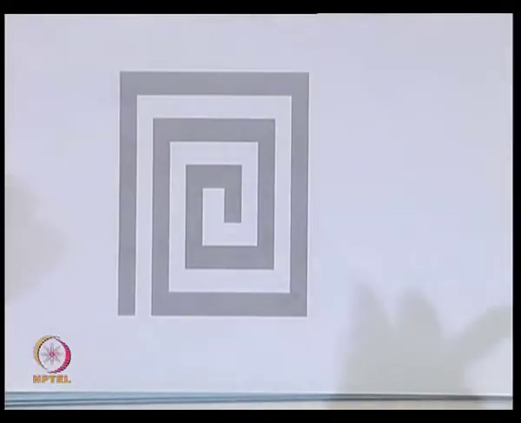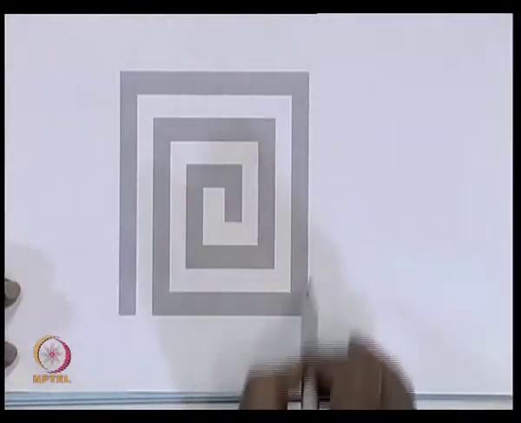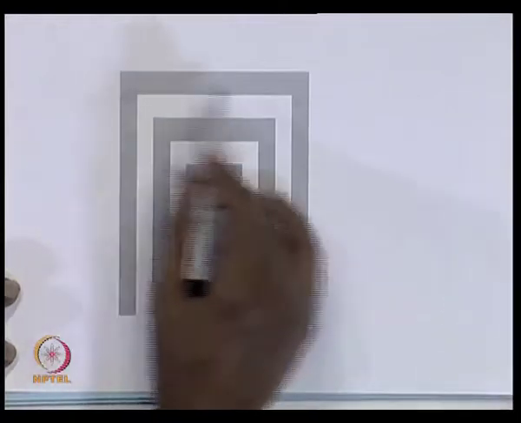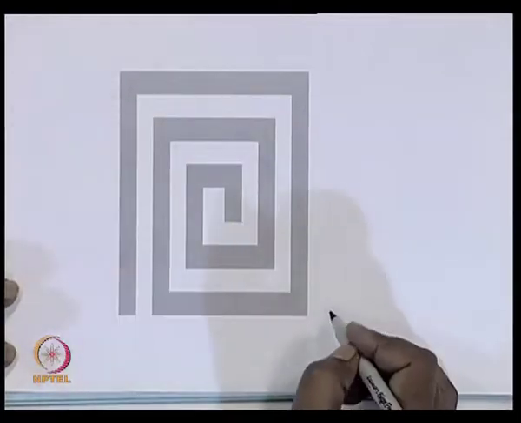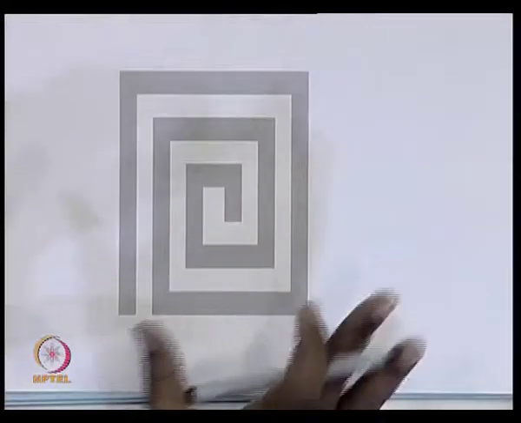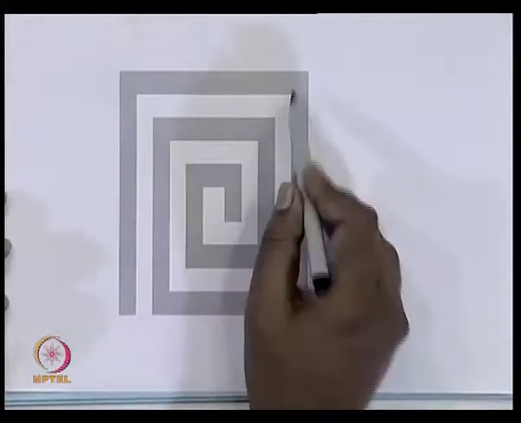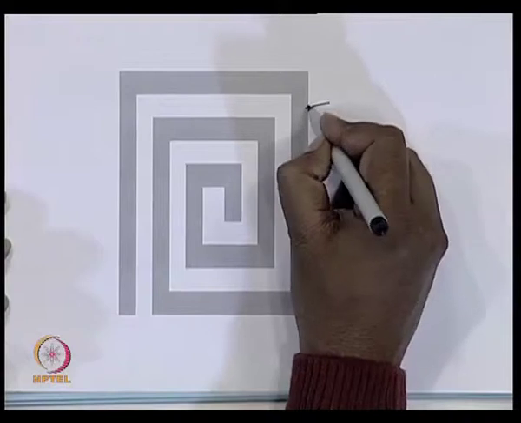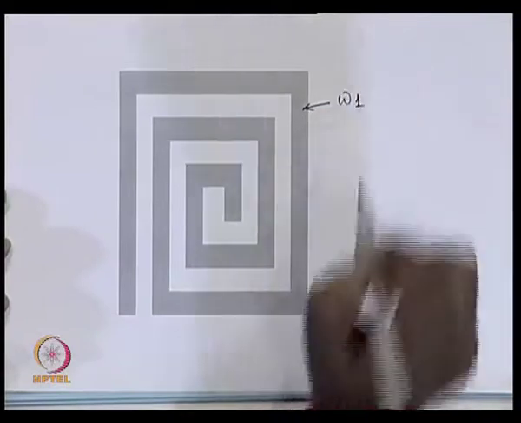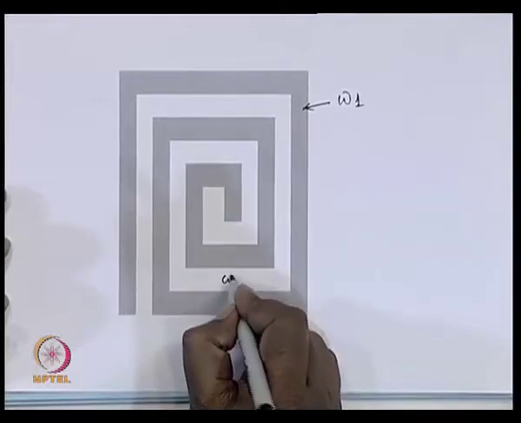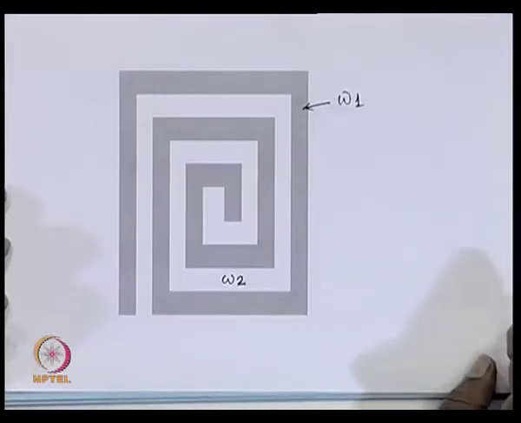It is a spiral shaped object, and suppose this is the distribution of two dimensional feature vectors. If I assume that all the points belonging to these gray shades belong to class omega 1, and the points belonging to the white region belong to class omega 2.